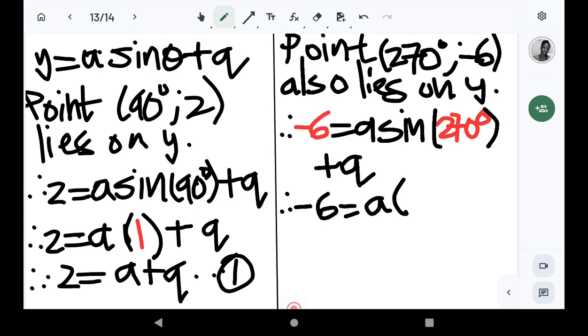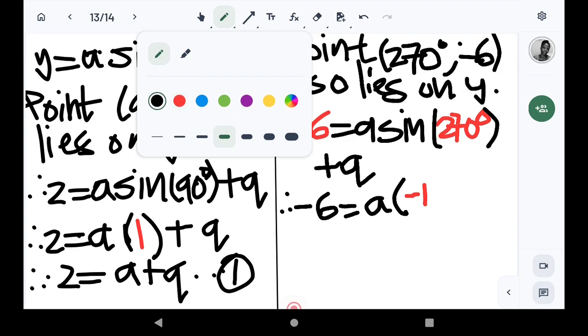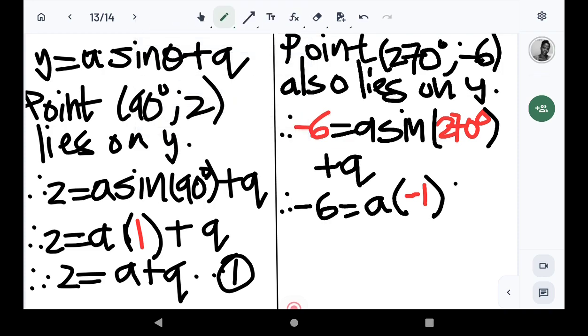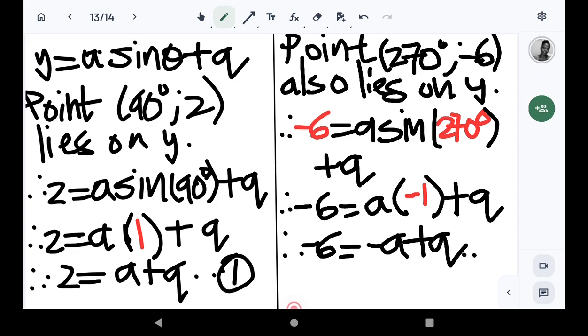Take out a calculator, sine of 270 equals negative 1. Now that gives you negative 6 equals A times negative 1, that's negative A, plus Q. Negative A plus Q, and that's your equation 2.